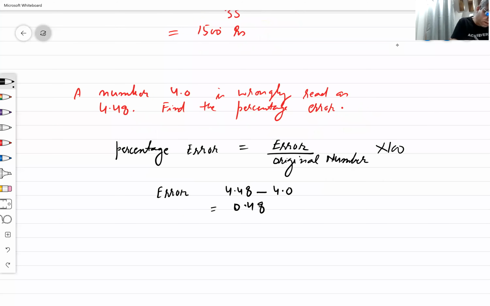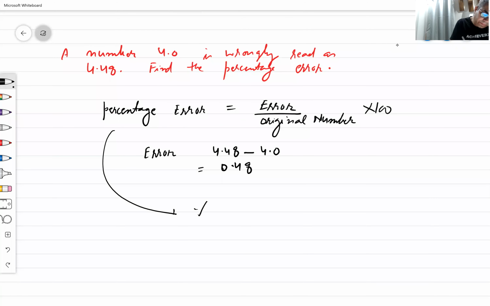Now using this formula, percentage error is equal to 0.48 divided by the original number 4.0, into 100. So this will be 48 over 4 and that is 12%. So that is the percentage error.